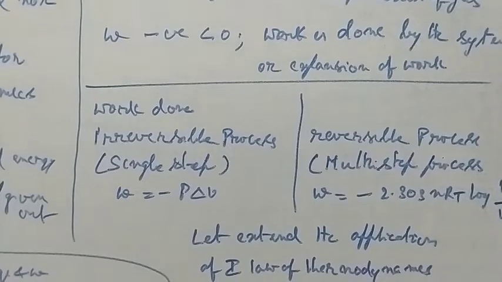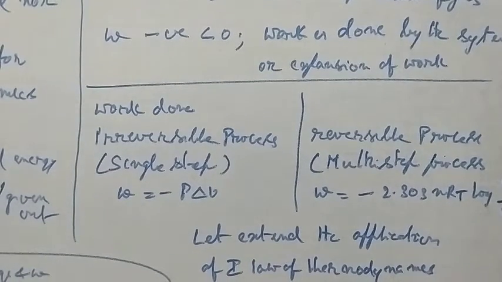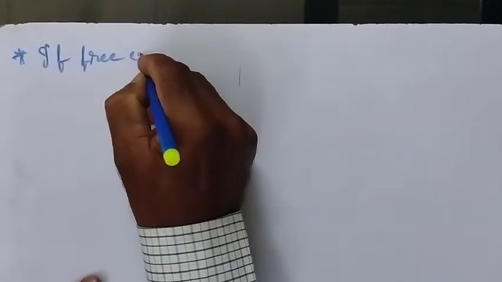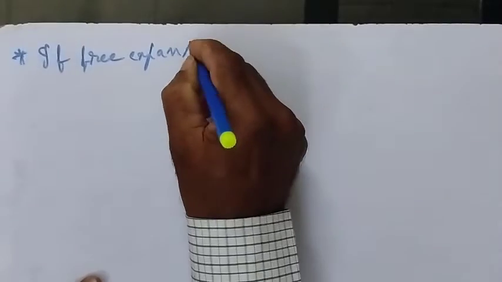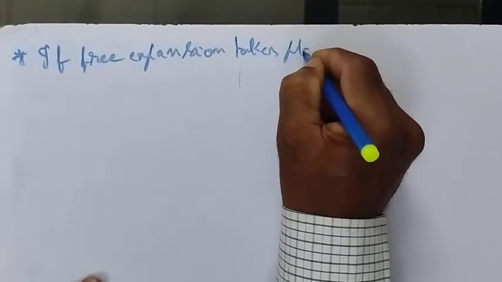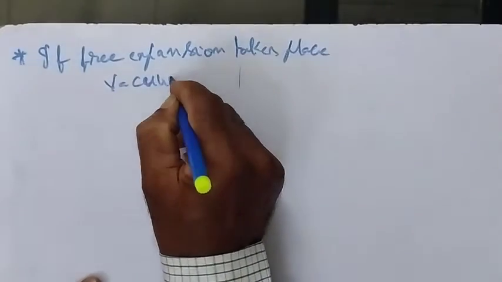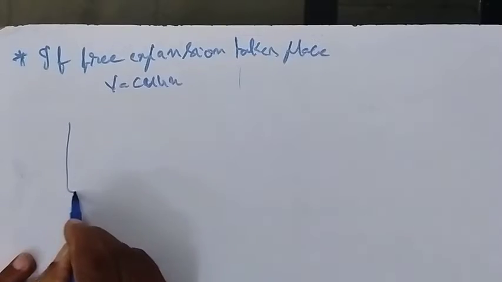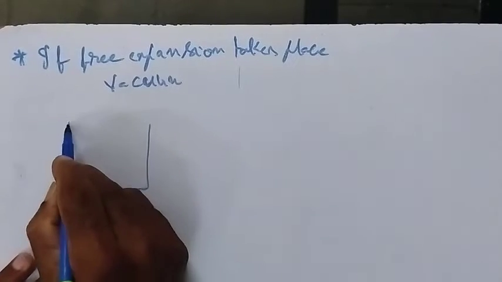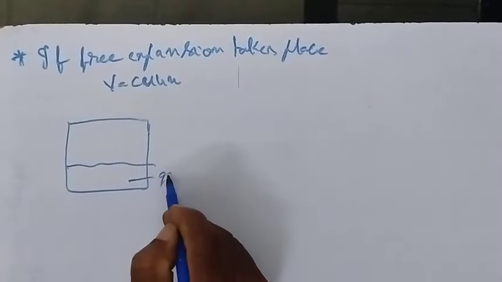Let us extend the applications of first law of thermodynamics under various conditions. If free expansion takes place in vacuum, see, this is a closed container and this is the gas.